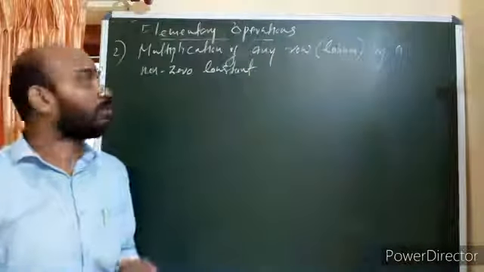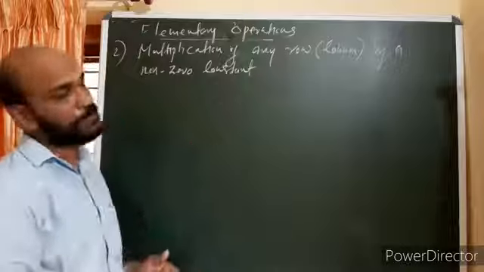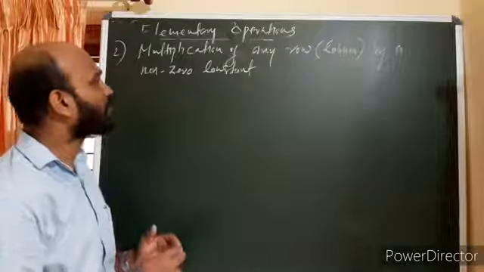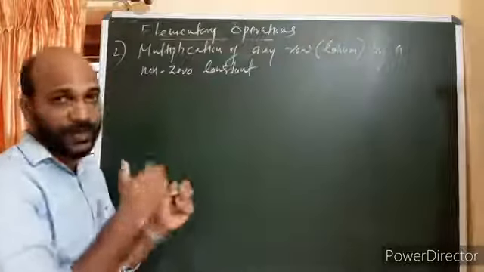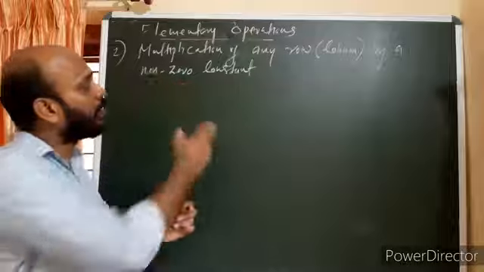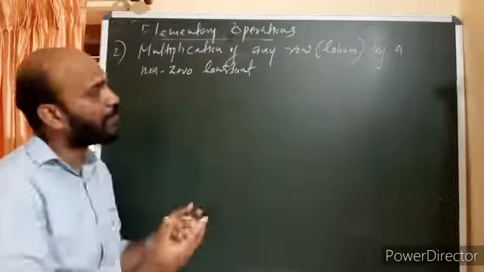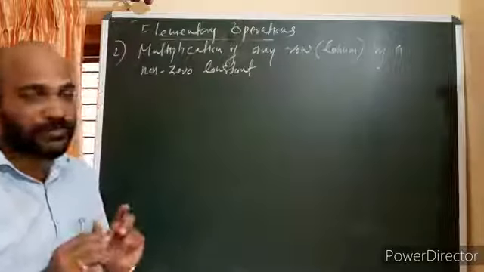Now, rule 2: multiplication of any row or column by a non-zero constant. I am telling both the rules together, row operations and column operations. We can multiply any row by a non-zero constant or we can multiply any column by a non-zero constant. I will explain with one example.